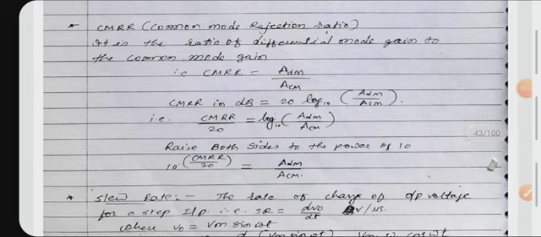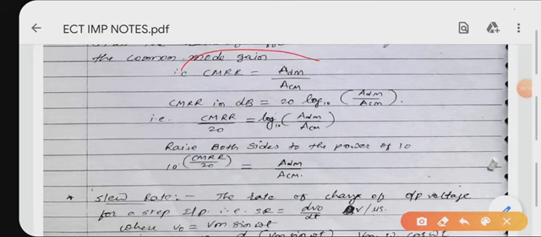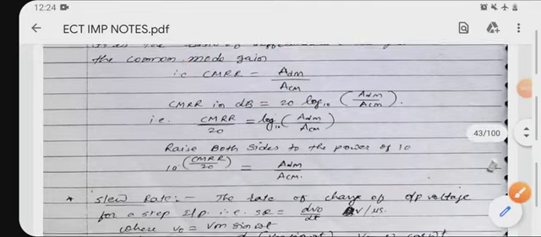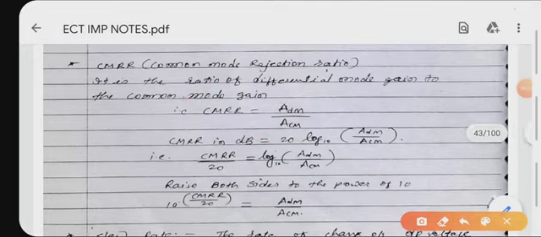You have to remember these formulas also. Common mode rejection ratio, you know that it is the ratio of ADM divided by ACM, that means differential mode gain to the common mode gain. As you know that it is the ratio of two similar quantities, there is no unit, but it can be expressed in decibels by using the formula which is known to you. It is 20 log to the base 10 ADM by ACM. If you want to express CMRR in decibels, you have to use this formula.